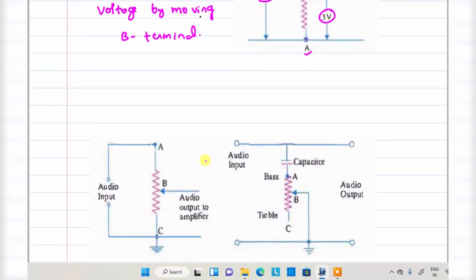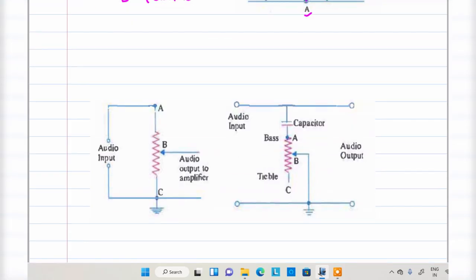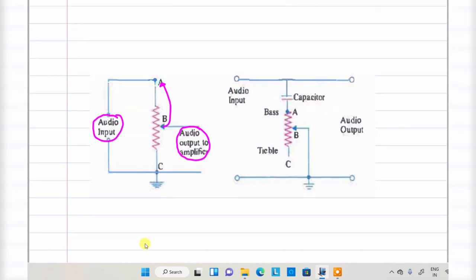Now we'll see how this potentiometer is useful in practical applications. For example, you want to control the volume. We give an audio input on the input side, and you want to control the output volume. Whenever this wire is moving, the audio output is controlled. Whenever you want maximum audio, this moving element is placed at A, and you will get the maximum audio.